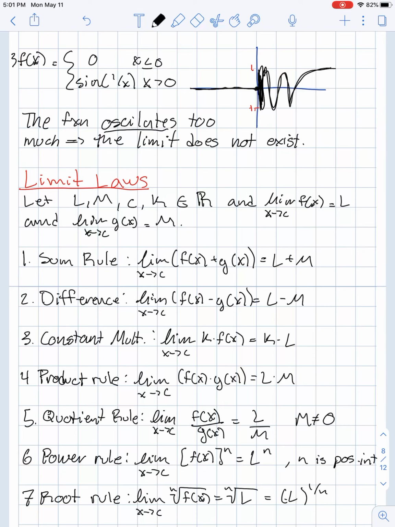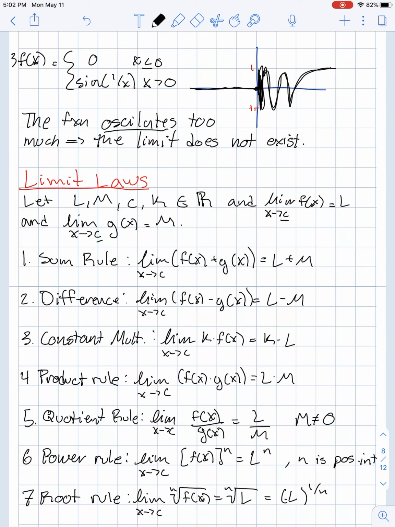That's what I mean by element in this double bracket R. We're going to assume that the limit of f of x as x goes to c equals L, and the limit of g of x as x goes to c equals M. So notice that these two functions, different functions, are both going towards c. That's really crucial. They have to be both going towards the same thing.